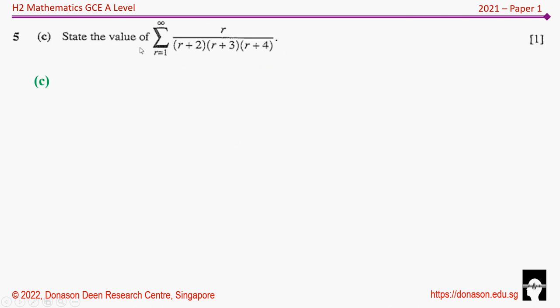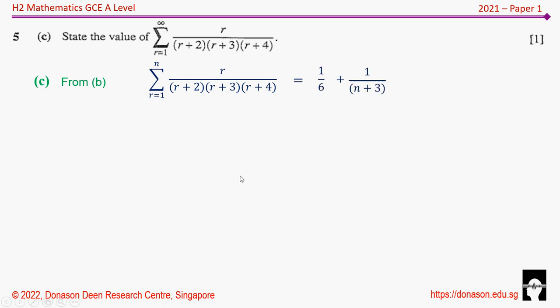Now state the value of this, from 1 right up to infinity, of the same thing, with r plus 2, r plus 3 and r plus 4 on the denominator. The difference between part B and part C is that the n value has now become infinity. From part B we know that if I take the sum from 1 to n, it would be 1/6 plus 1 over n plus 3 minus 2 over n plus 4.